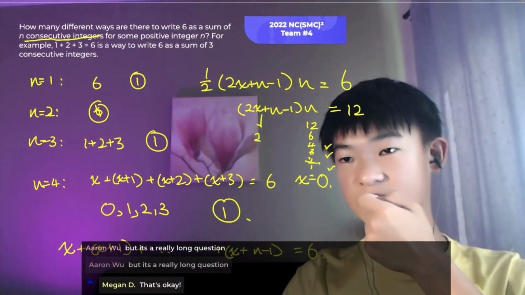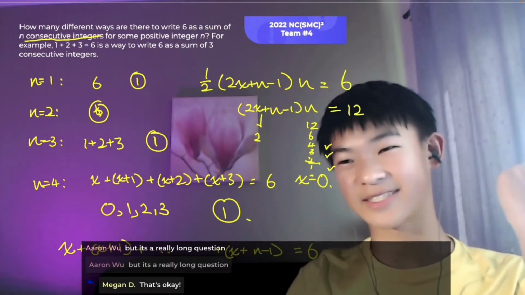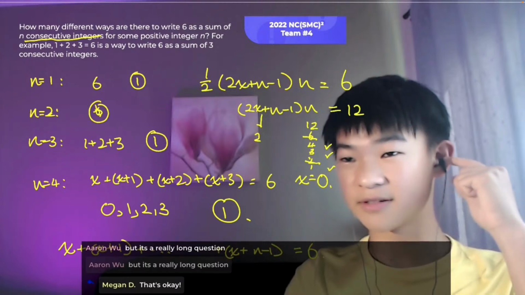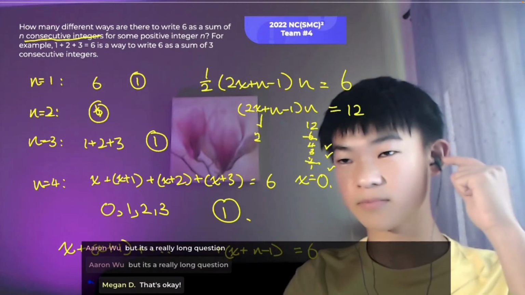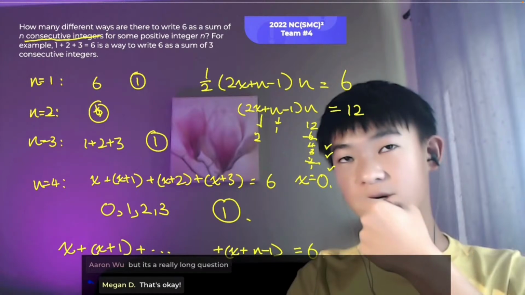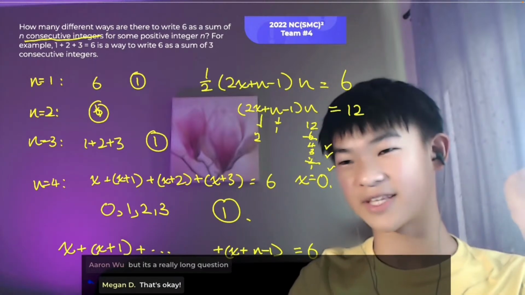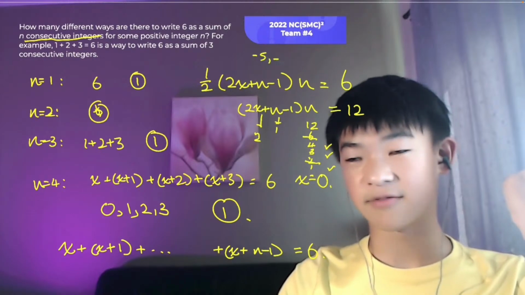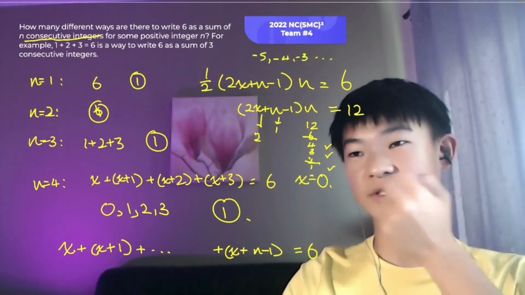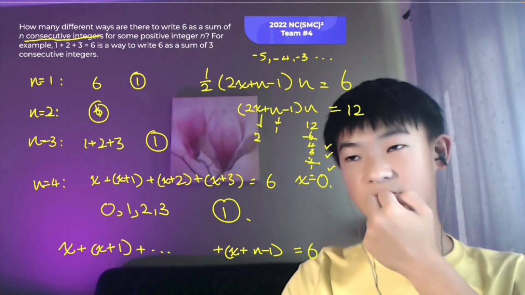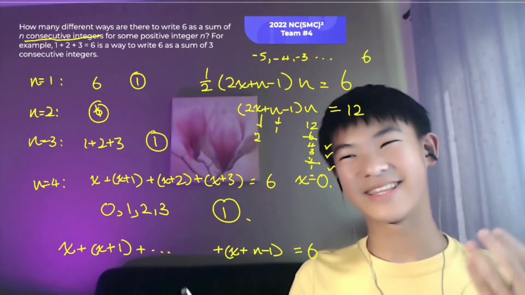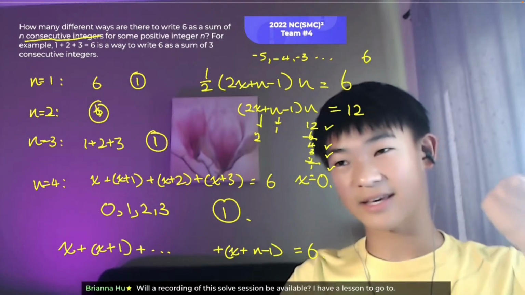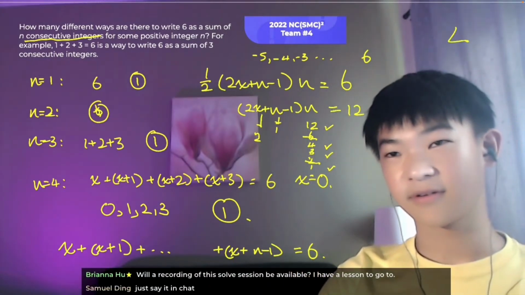So that would give us a non-integer x, which is wrong. And then if n is equal to 12, this would be 1. And that would give us a negative x, but that's all right. That would be -5, -4, -3, all the way onwards to 6. And if we check, they do sum to 6. So n equals 12 also works. That gives us 4 ways.